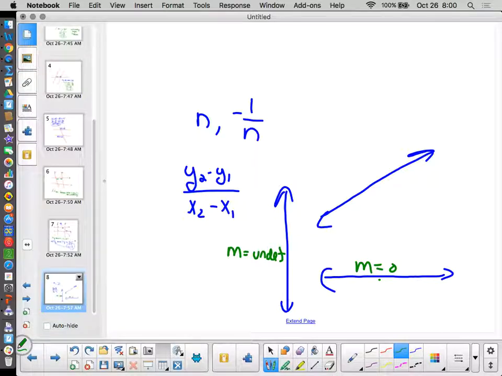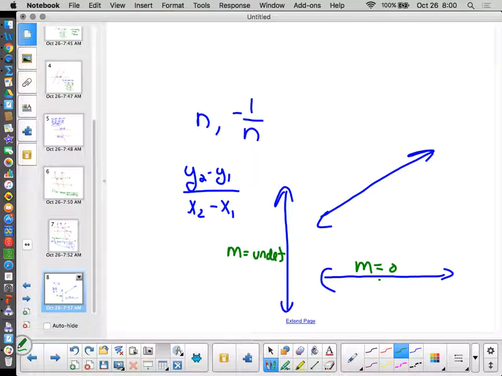So if the slope of the line is undefined, the slope of a perpendicular line will be what? Horizontal, so the slope will be 0. The slope of the line is 0, the slope of a perpendicular line will be undefined, right?